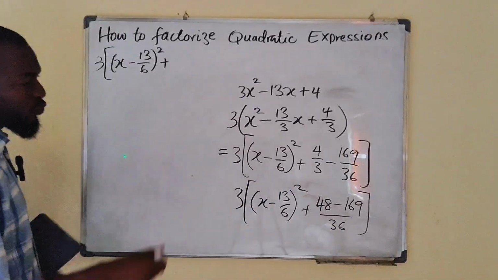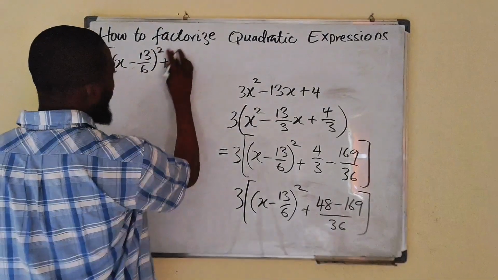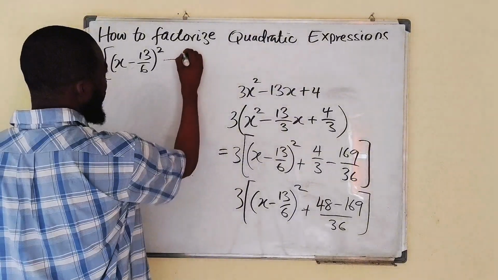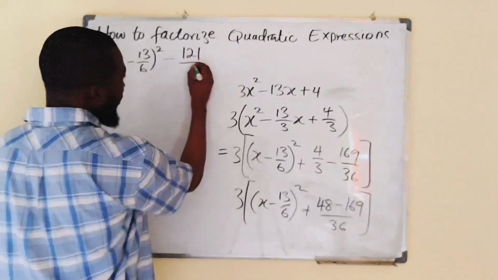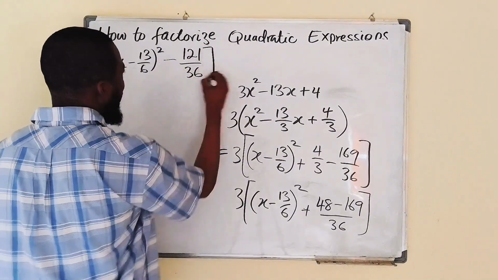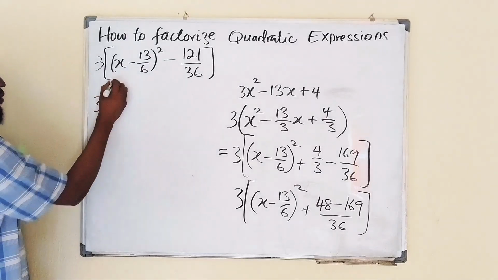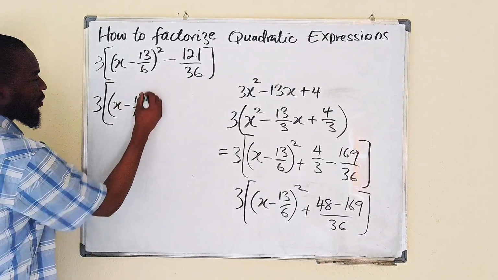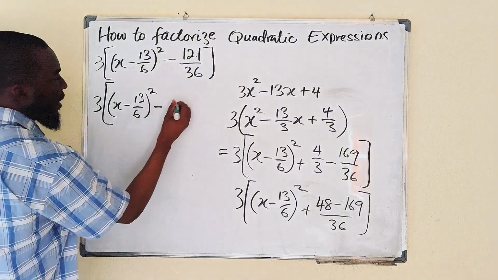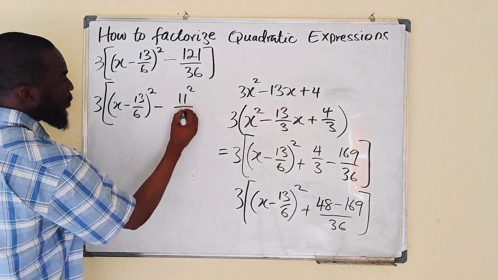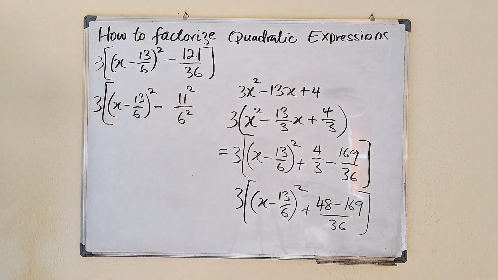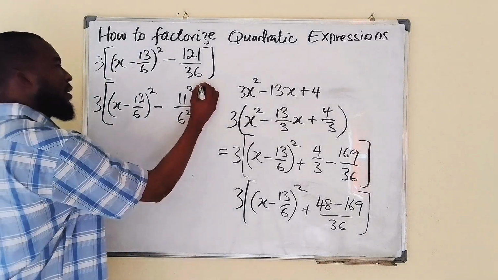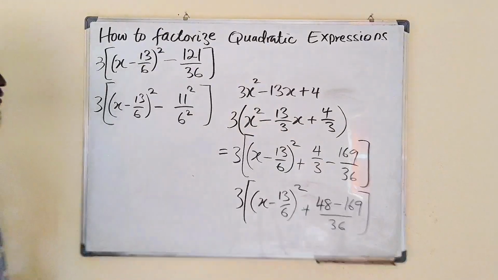We have 121, right? Negative 121 divided by 36. This is 3 multiplied by x minus 13 divided by 6 whole squared minus 11 squared divided by 6 squared. Because 11 squared is 121 and 6 squared is 36.